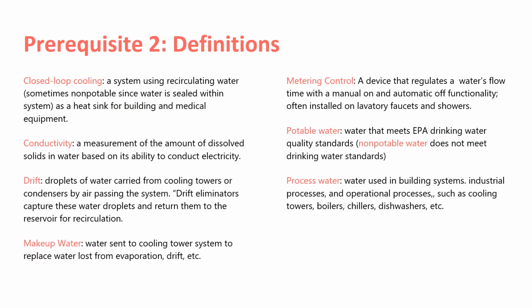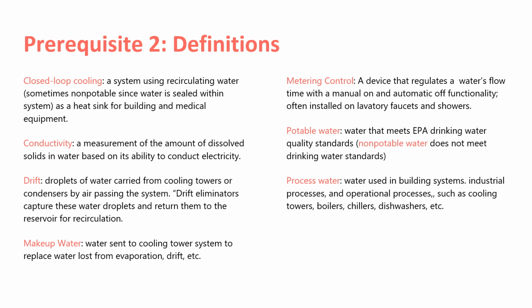There are some important definitions for this section, which includes closed-loop cooling, which is a system that recirculates water that's used as a heat sink in buildings and medical equipment. Conductivity, which is a measurement of the amount of dissolved solids in water based on its ability to conduct electricity. There's potable water, which is water that meets EPA drinking water quality standards.